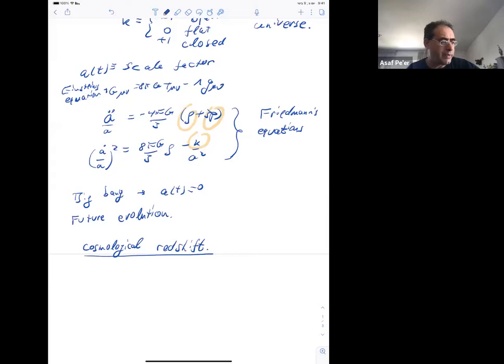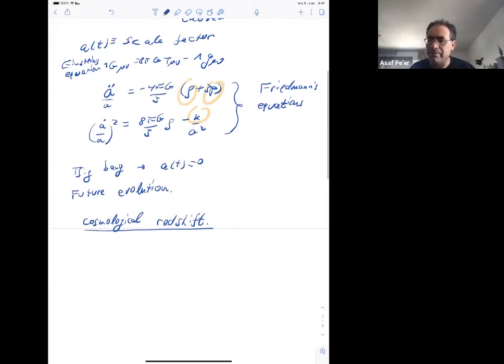And so when we speak about the proper distance between two objects, it changes with time. Even though the objects are co-moving, namely they are stuck to the same place in the coordinates as they were, the distance between them grows. L of t is just L0 A of t, which is linearly proportional to A of t.